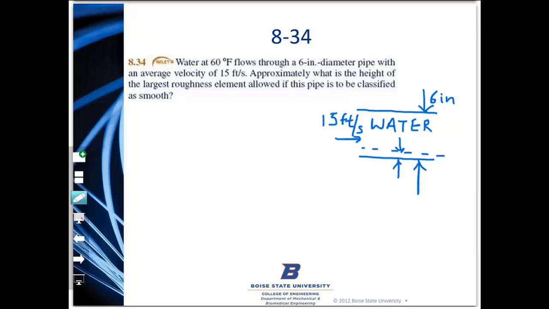If this is your roughness, epsilon can be at most equal to delta S. So if we find delta S, we find the height of the roughness element, or epsilon in this case.